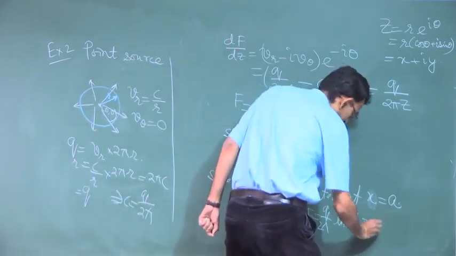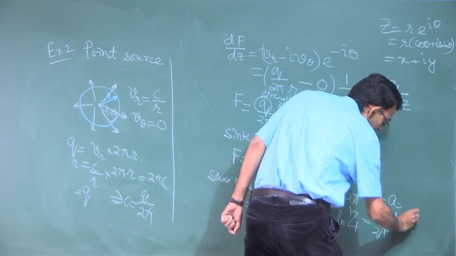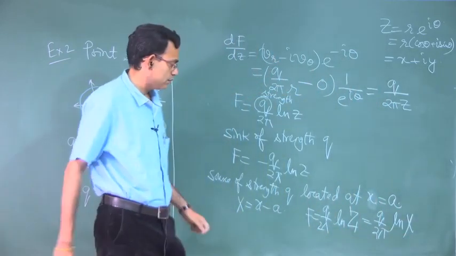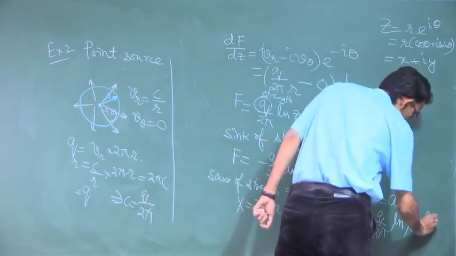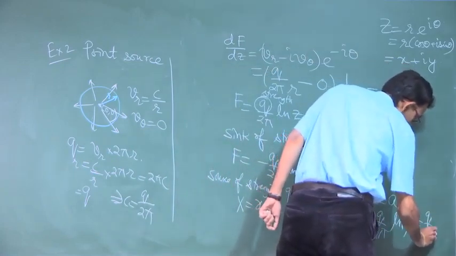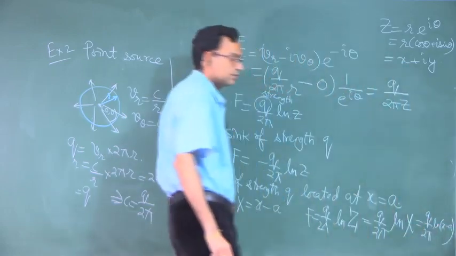So, here y is 0. So, q by 2 pi ln capital X. So, this is q by 2 pi ln x minus a.